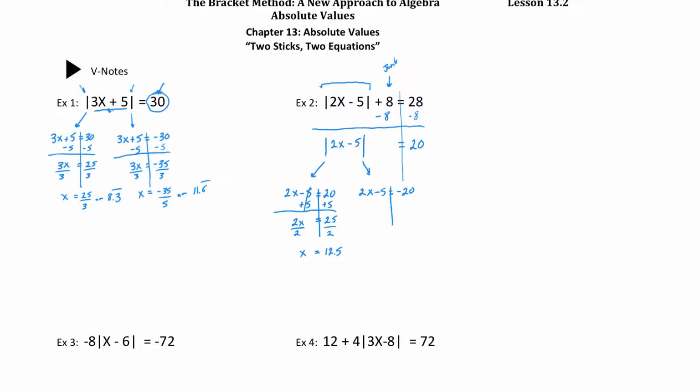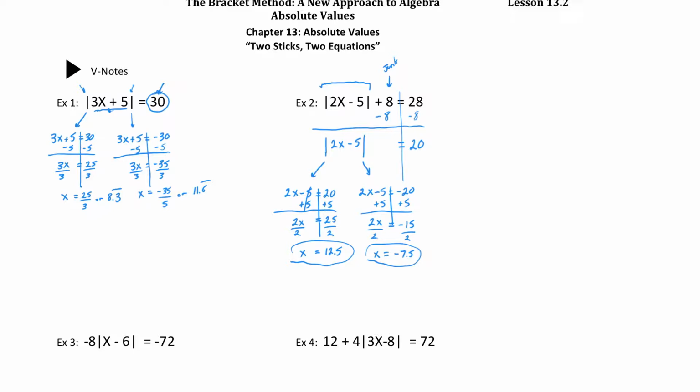On the other side, we add 5 to both sides. 2x is equal to negative 15 divided by 2. And our final answer is negative 7.5. So again, we have 2 answers. In this case, one is positive, one's negative.